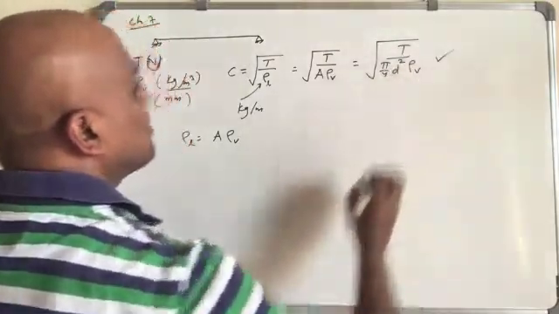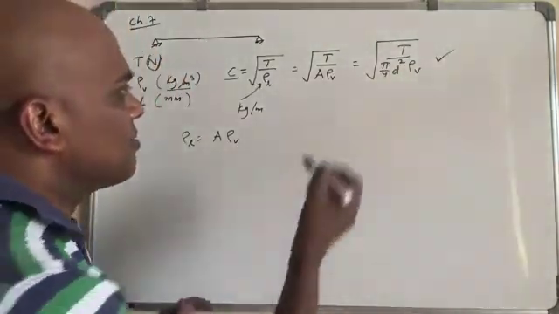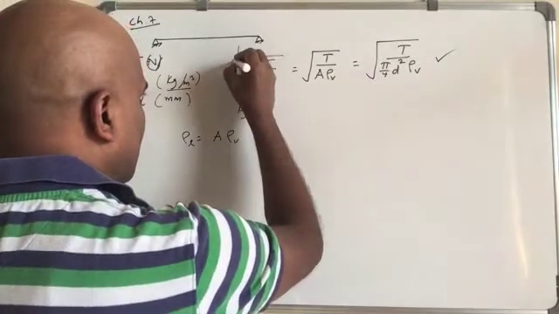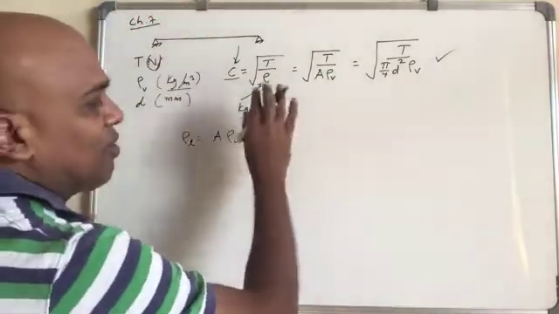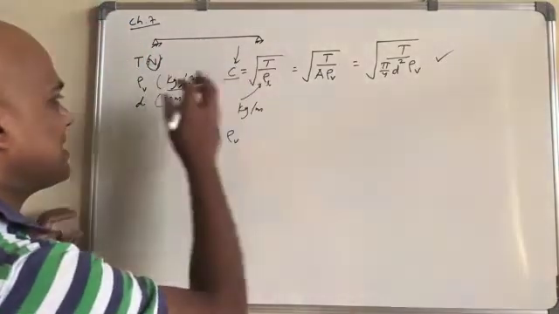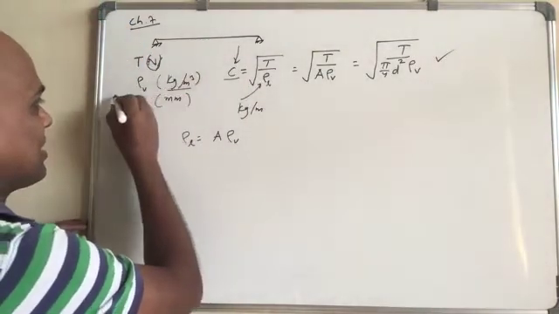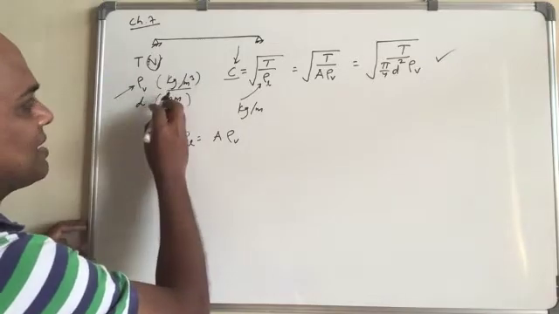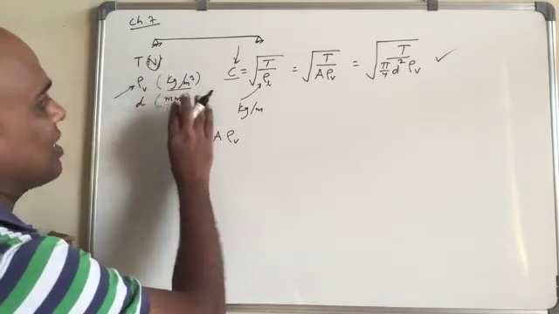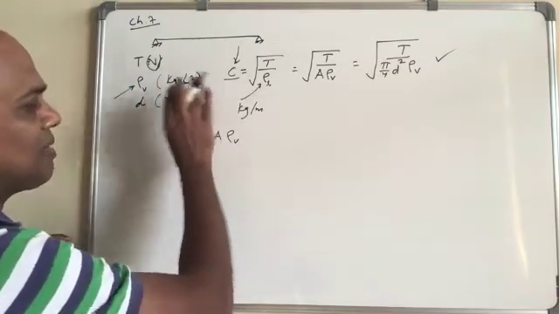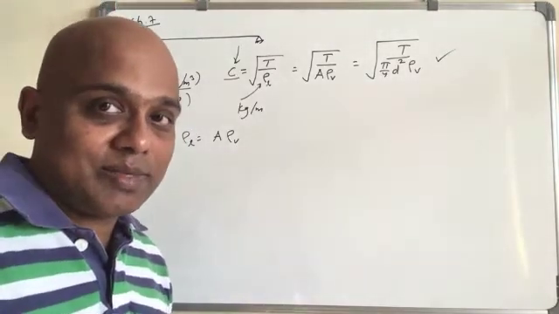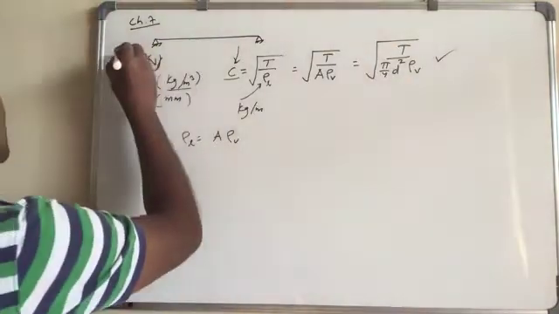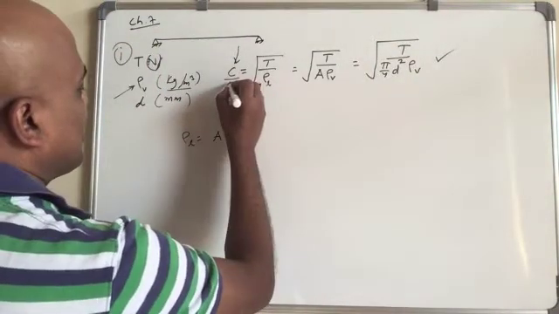This will give you the velocity of the wave. If you watched the lecture video, I specifically said you have to be careful with that: it has to be kg per meter, not kg per meter cubed, but still not everybody got this right. That is the first part, finding the velocity.